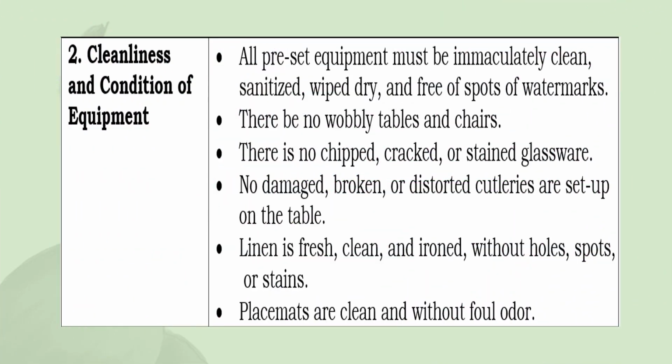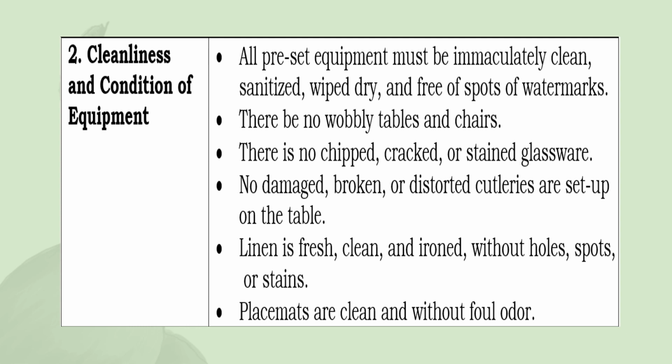Number 2, cleanliness and condition of equipment. All pre-setup equipment must be immaculately clean, sanitized, wiped dry, and free of spots or watermarks. There are no wobbly tables and chairs.